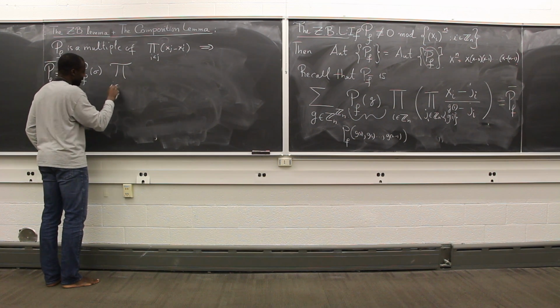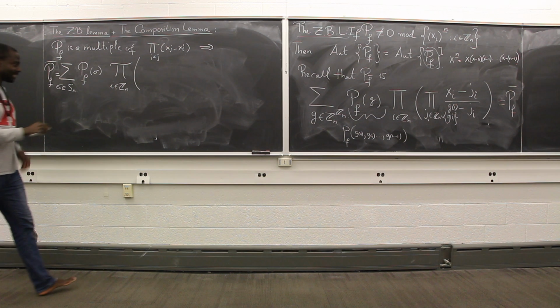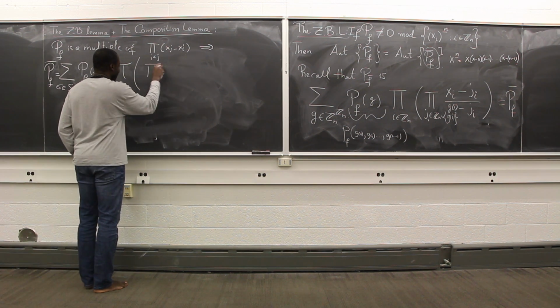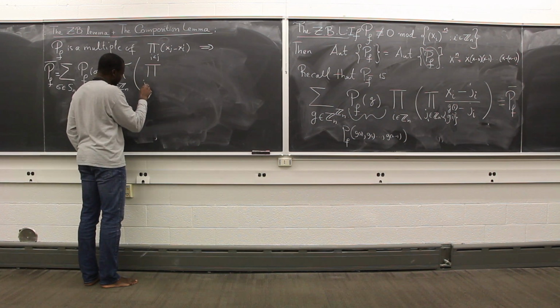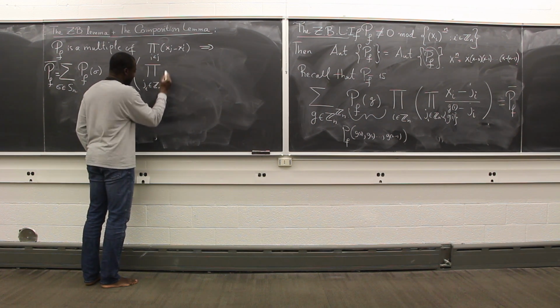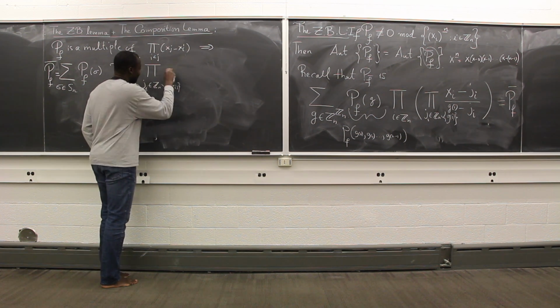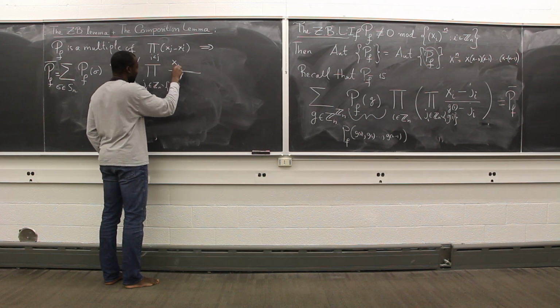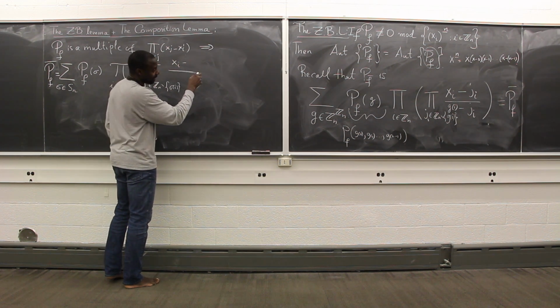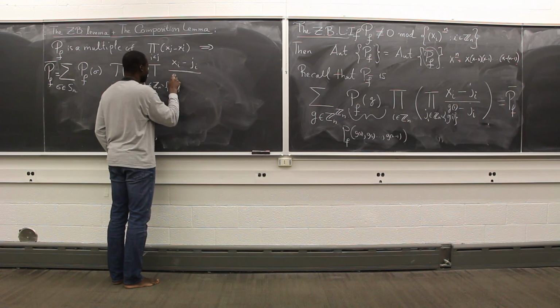Product over i in Zn, and then inside I have the product over j different from i in Zn, of xi minus xj, evaluated at sigma i.